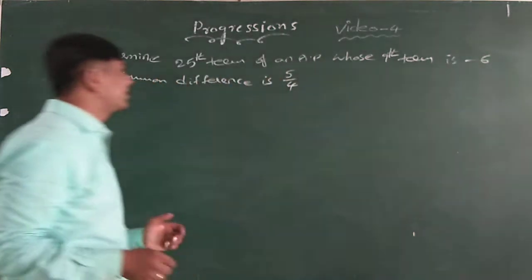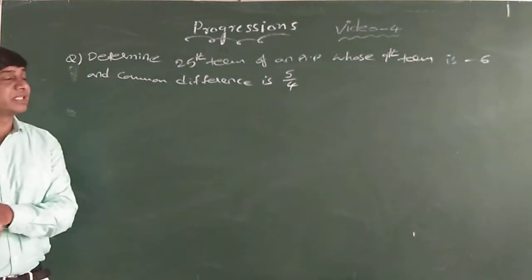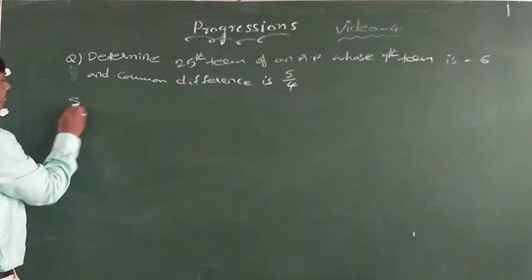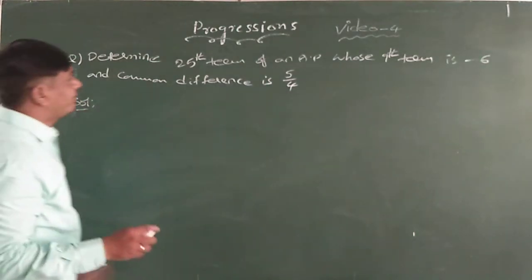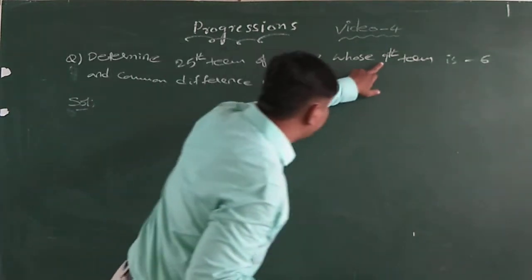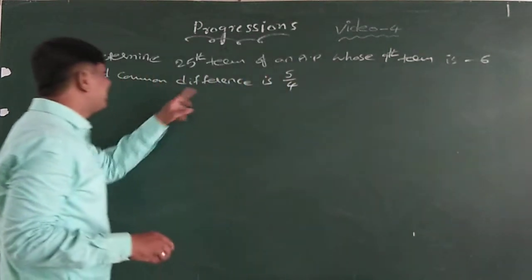What we have to find out? The 25th term, T25, we need to find out. What is given? T9 is given and the common difference is given.